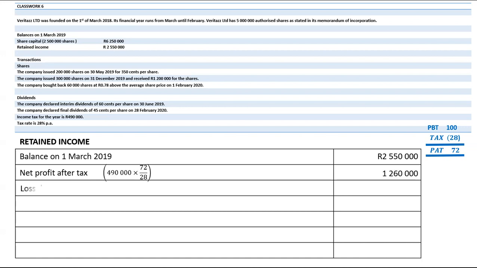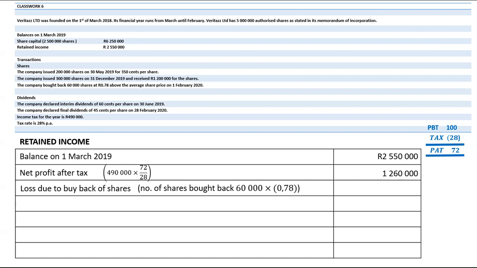And loss due to buyback will be the number of shares that we bought back, which was 60,000 times 0.78, because that is the difference between the buyback price and the average price. The average price was less than the buyback price by 78 cents, meaning that the 78 cents was actually a loss because it means that we bought back these shares at a price higher than the average price by 78 cents, meaning that they were bought back at R2.72 plus 0.78.